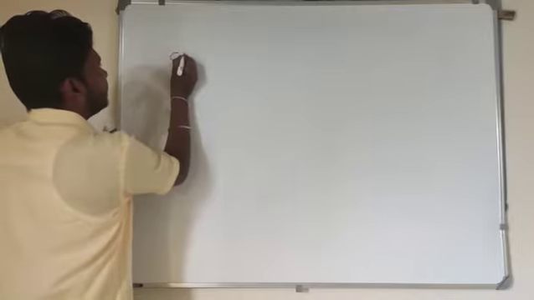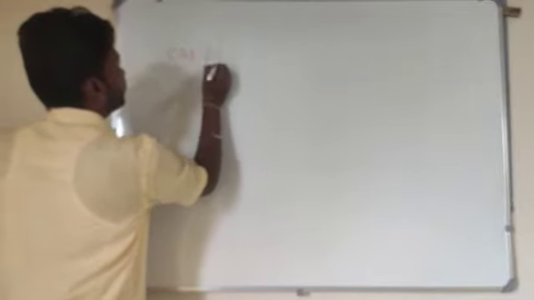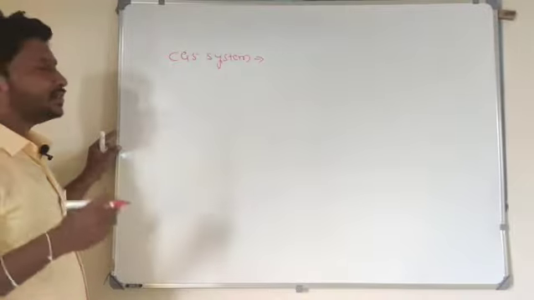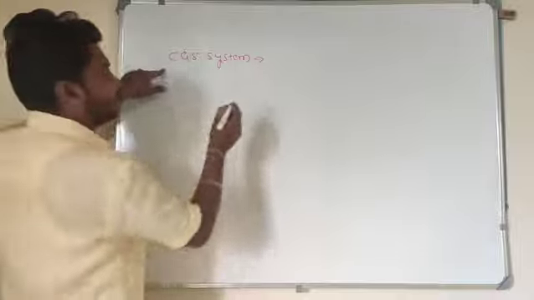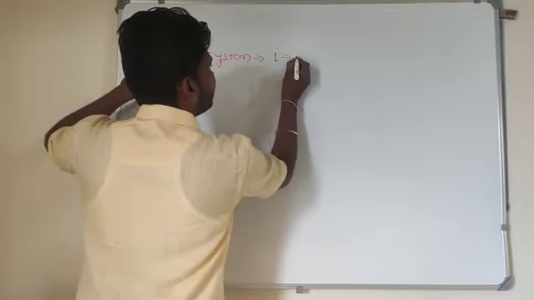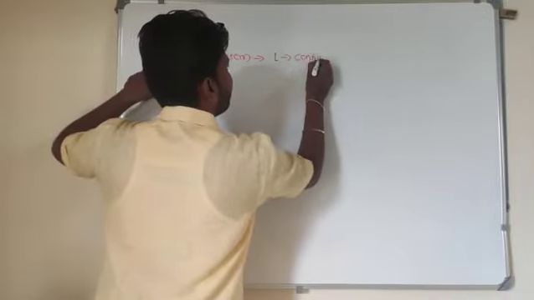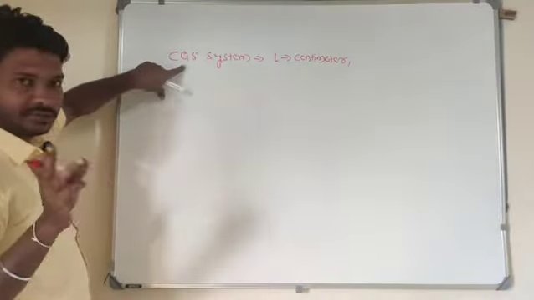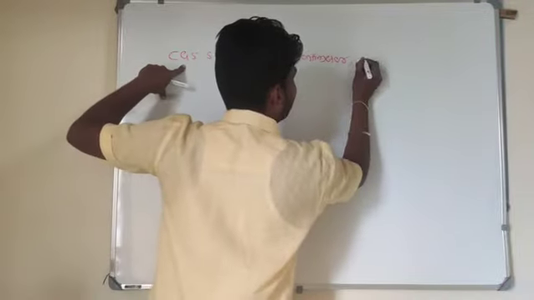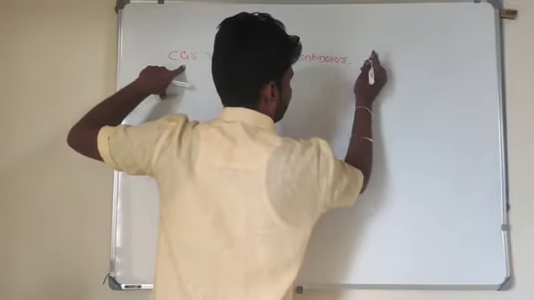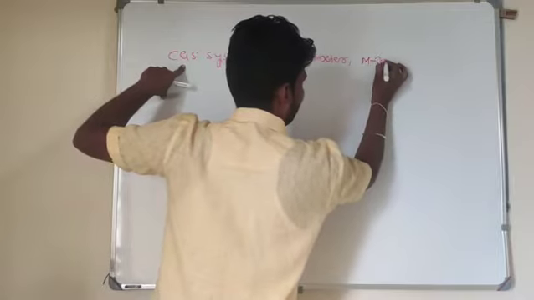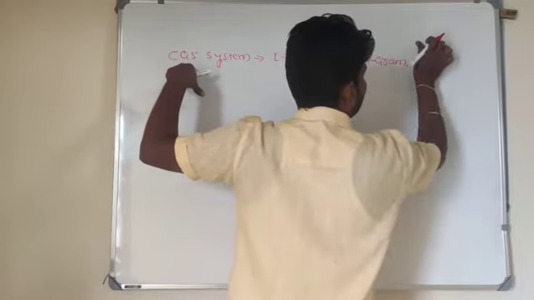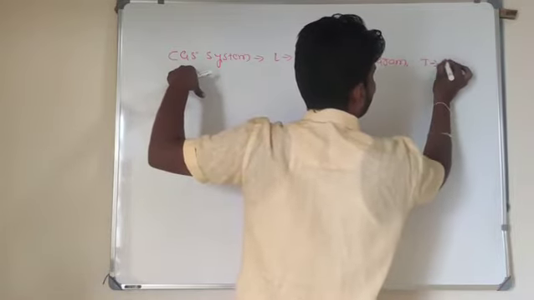The first one is the CGS system. In the CGS system, length is measured in terms of centimeter, mass is measured in terms of gram, whereas time is measured in terms of second.